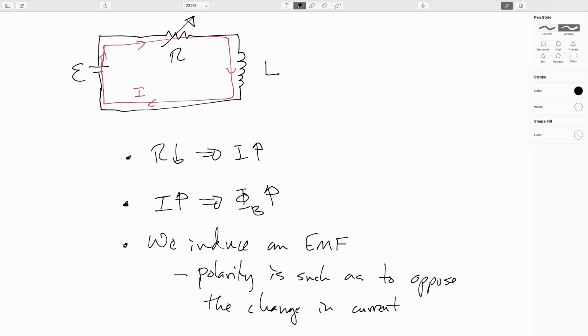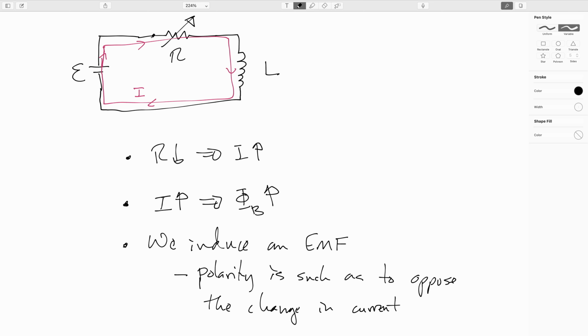Okay, so the two arguments that I can think of are, if it weren't this way, so say it were the other way, where it would be supporting the change in the current, then once again you've created a perpetual motion machine of the first kind. This would be basically acting like a battery with the same polarity as this battery.